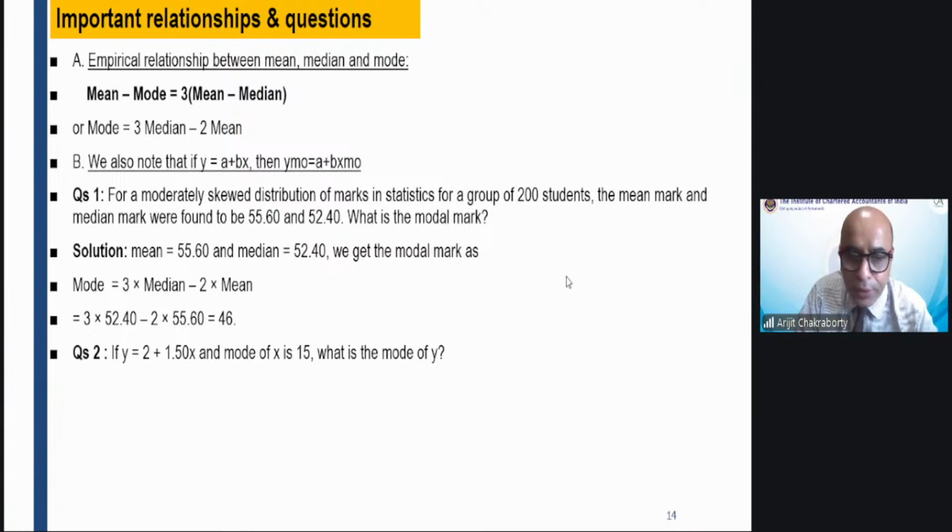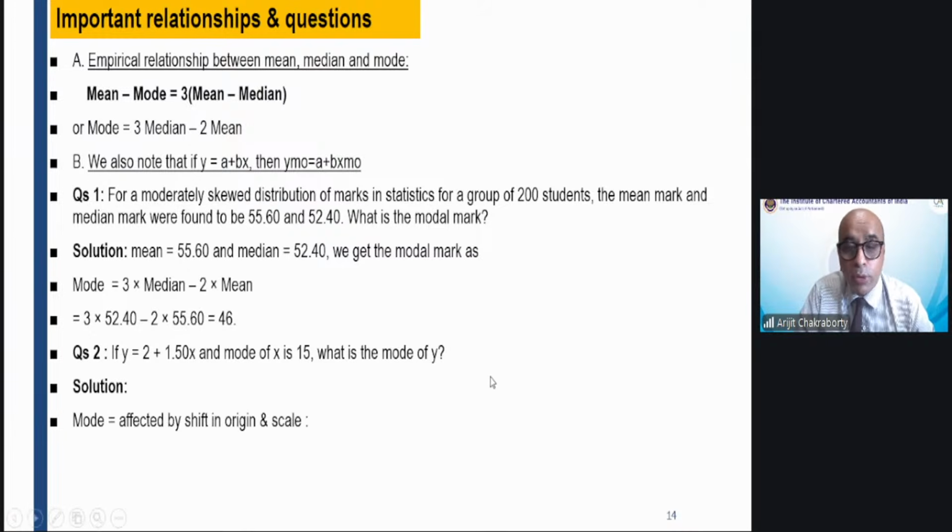Mode of x is how much? 15. So in case of question number 2, since mode is affected by shift in origin and scale, the mode of y is equal to 2 plus 1.5 into the mode of x. Now the mode of x is given, it is 15. Therefore, once we calculate, you will arrive at a value of 24.5, which is the mode of y. So these are some of the important examples, very appropriate for your exam preparation.